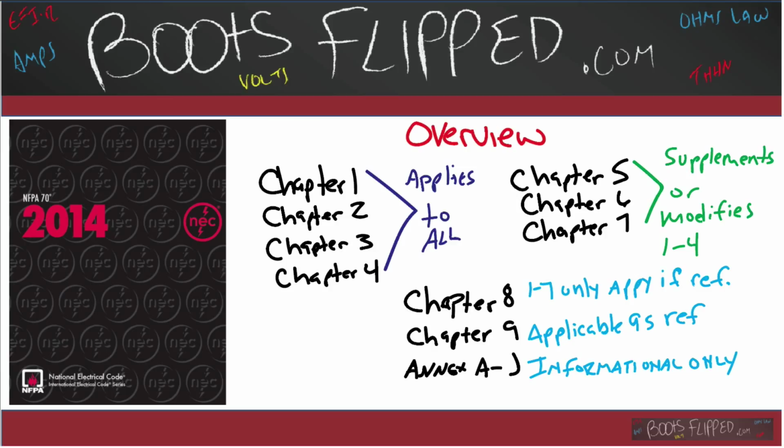Chapter 8, which is communication systems: Chapters 1 through 7 only apply in Chapter 8 if they're referenced. Chapter 9, with our tables, is applicable as referenced. And then once again, the annexes, A through J, of which I said C would be the one that you're going to use the most, are informational only. So they do follow the code, but what's inside of that information is not enforceable.